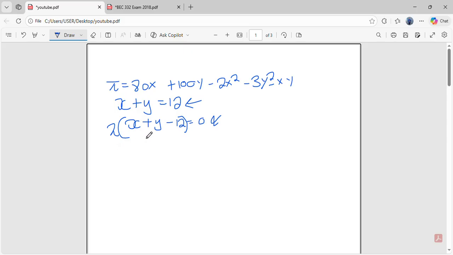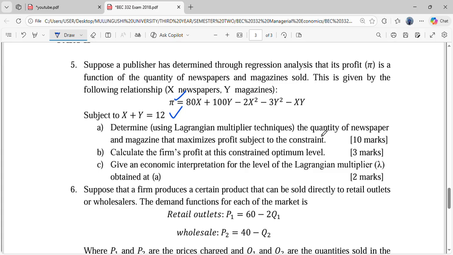We use the Lagrangian multiplier technique to determine what they want. And what do they want in this case? The quantity of newspapers and magazines that maximize profit subject to the constraint.